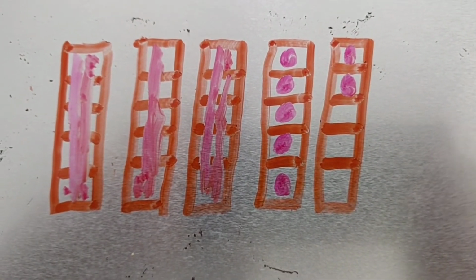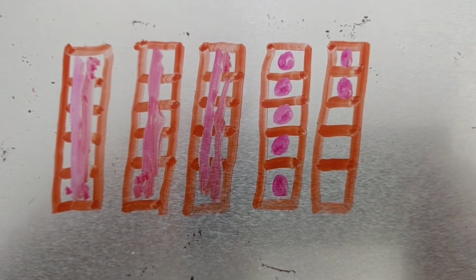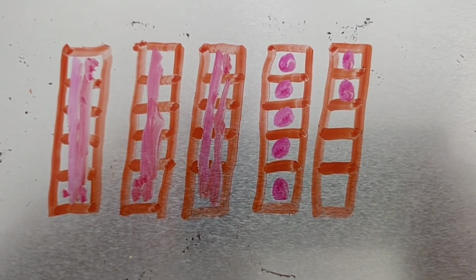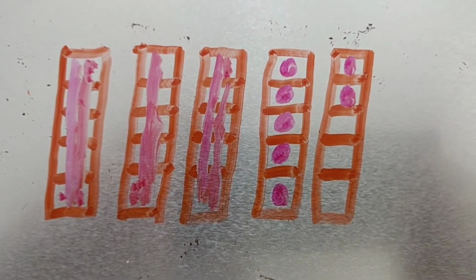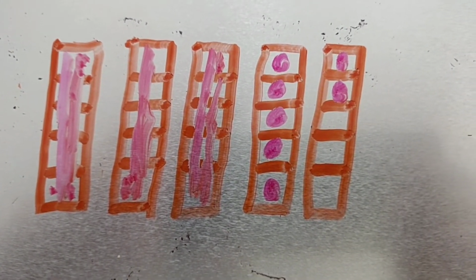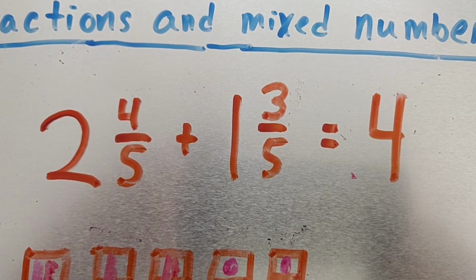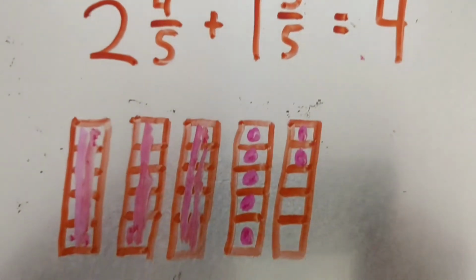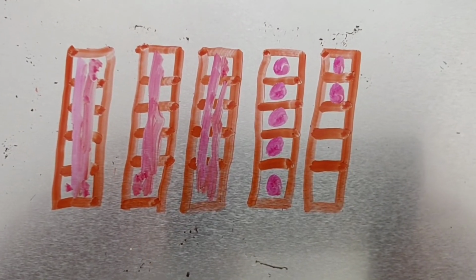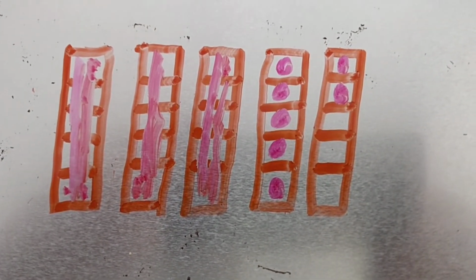Let's see how many wholes we have. We have 1 whole, 2 wholes, 3 wholes, and then we have a 4th whole. So we have 4 wholes. And that's the number that represents 4 wholes. And then we also, all the way on the right, we have a fraction.